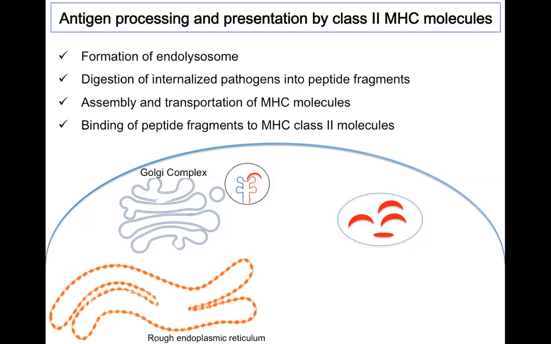But for the class 2 MHC molecule, it is synthesized at the rough endoplasmic reticulum, but before going to the Golgi complex, it has this particular structure, the invariant chain. So we are not calling it only a class 2 MHC molecule, we are calling it an MHC invariant chain complex, and that is transported toward the Golgi complex, and from the Golgi complex it moves on.